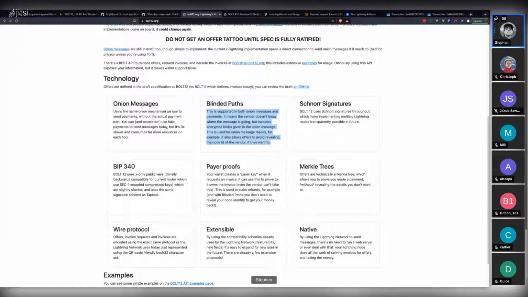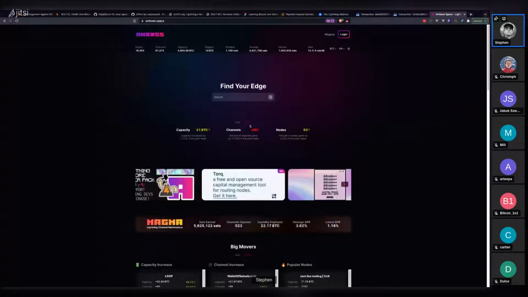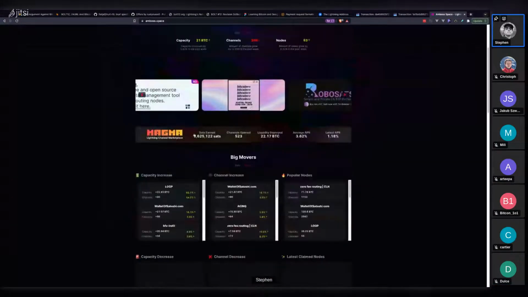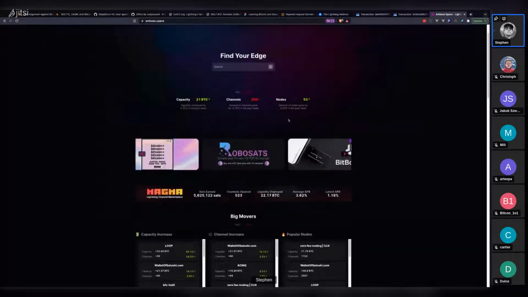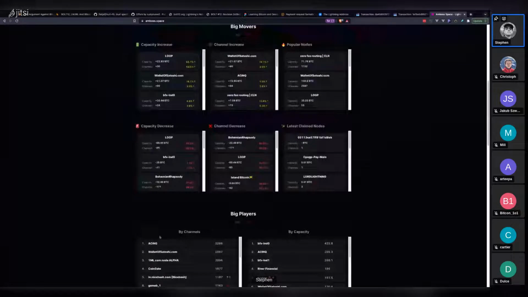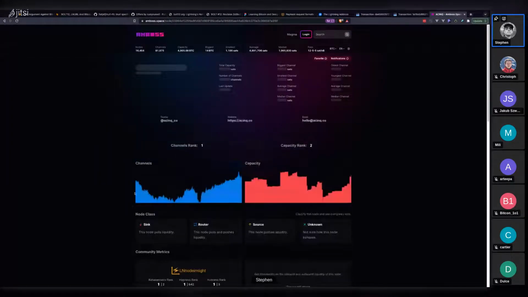Currently, when you want to pay a Lightning node, let me find a channel here. Oh God, it's been a while since I used this website. Come on, website, load. I see what the deal is.